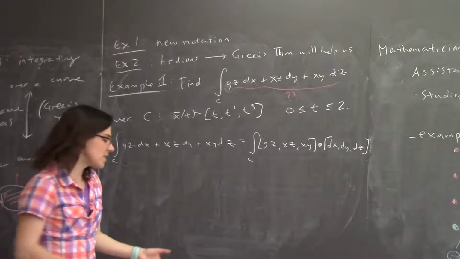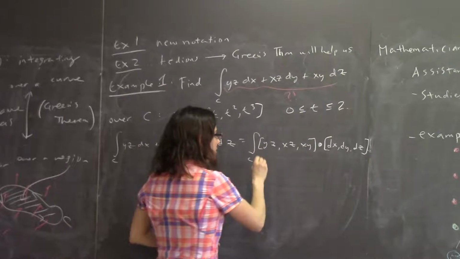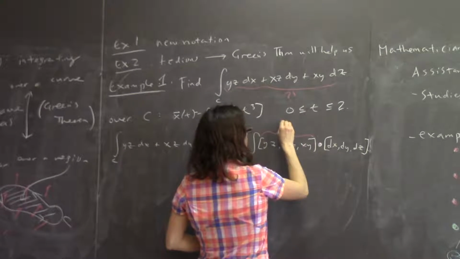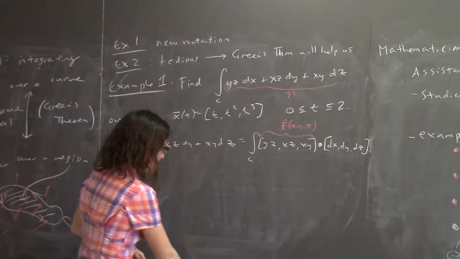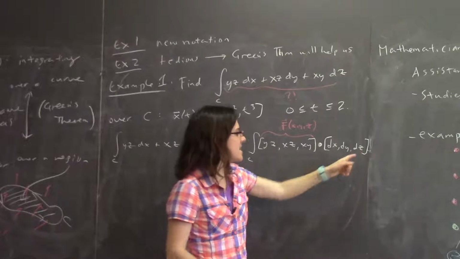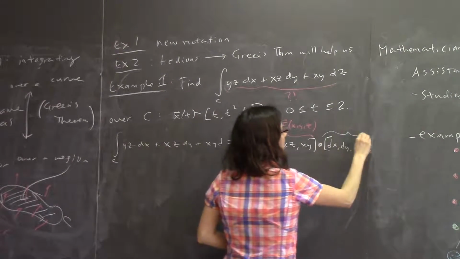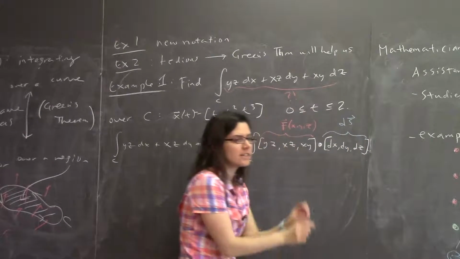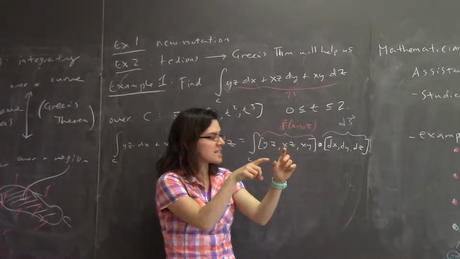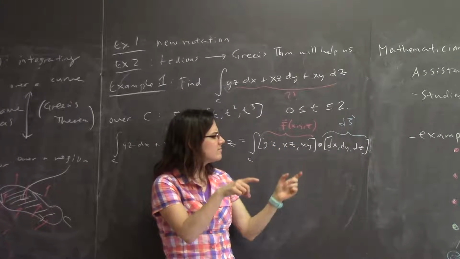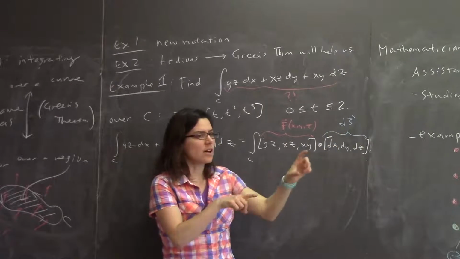Okay, so here's what you can think of. This is our vector field, our F of x, y, z. And this dx, dy, dz is just our ds, a little infinitesimal arc length vector along the curve.